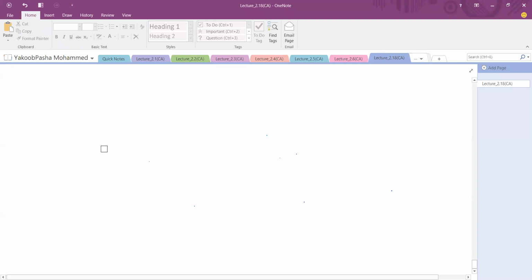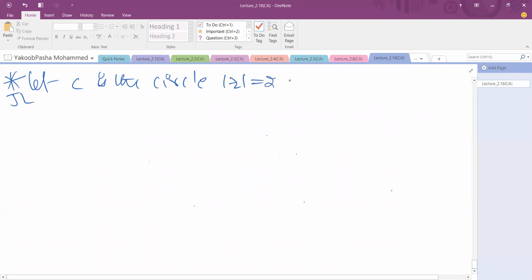Let's see the circle. This is a JL question. C is the circle, modulus of z is equal to 2, positively oriented.